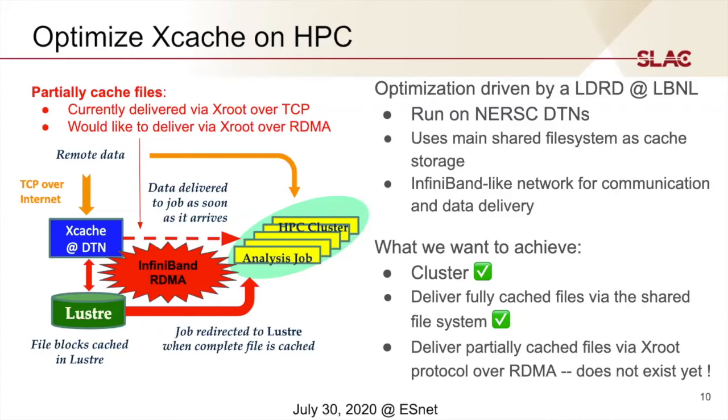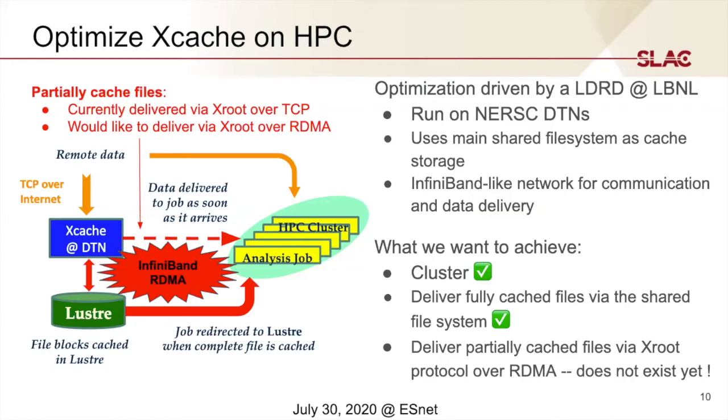This is nice because from now on, the HPC nodes talk directly to Lustre, which utilizes the RDMA network, the InfiniBand network. This all happens between Xcache and the low-level Xroot client library on the HPC nodes. The high-level applications don't see any of these changes, so it's completely transparent to the application.